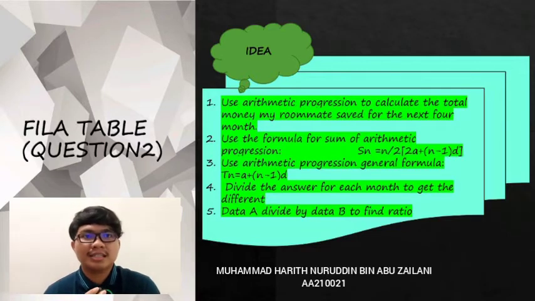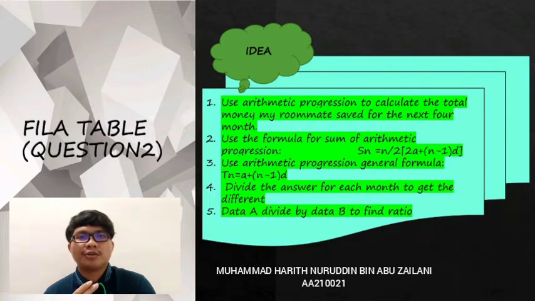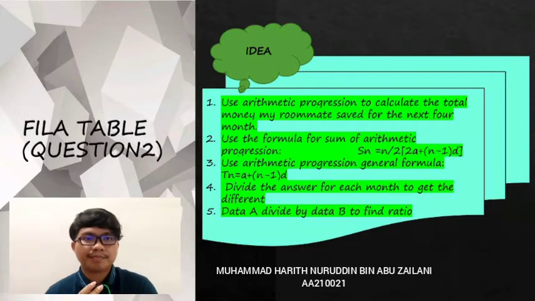For the third idea, we can use the general formula for arithmetic progression to find the total money for each month, which is Tn equals a plus in brackets n minus 1 times d.